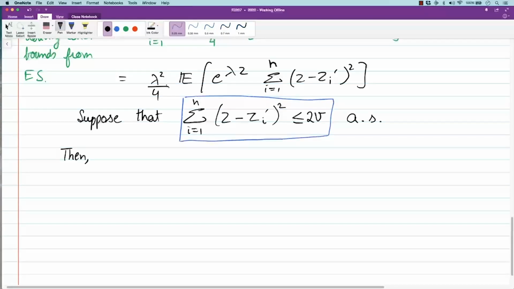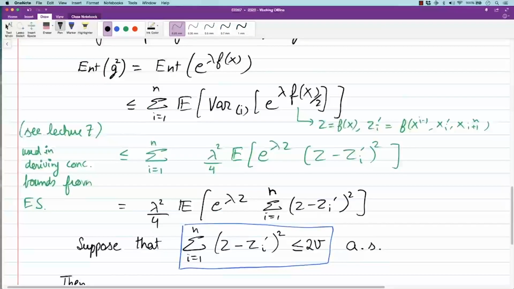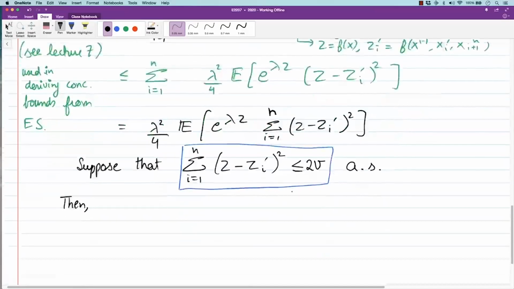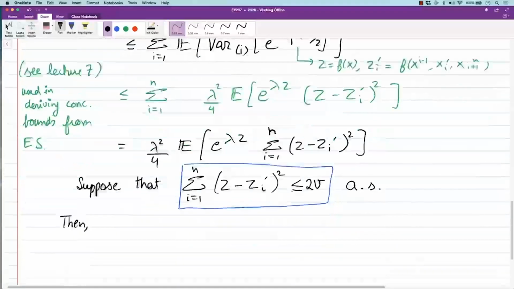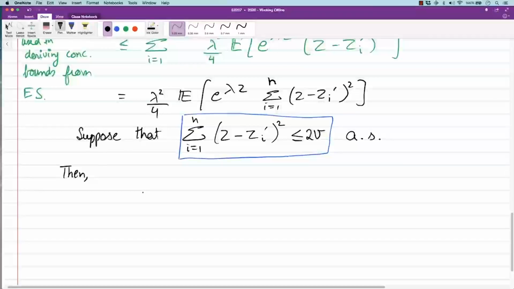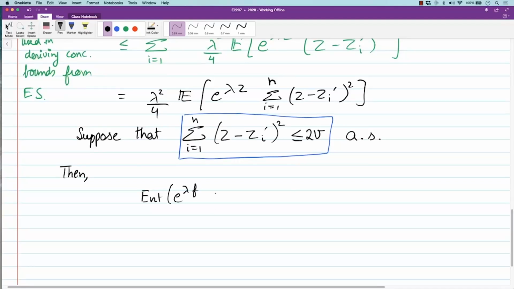Under this assumption, the previous bound for the entropy of e to the power lambda f(x) is less than or equal to lambda square by 2V times the expected value of e to the power lambda f(x).